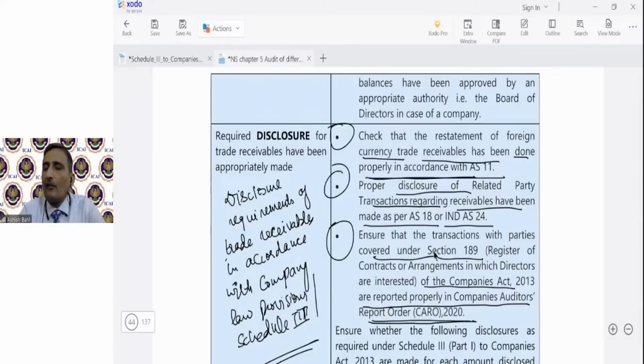So in respect of valuation, as far as Schedule 3, Division 1 requirements are concerned, you are concerned only with this aspect, to see whether any provision for doubtful debts is required to be made, whether any bad debt is required to be written off.